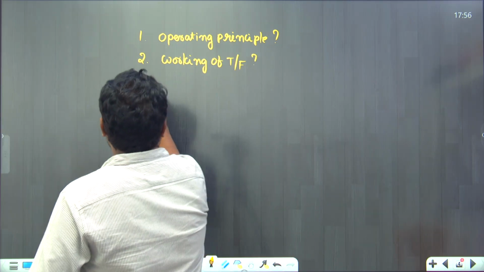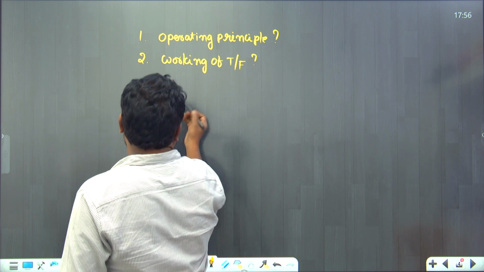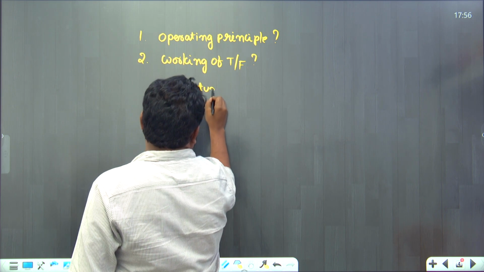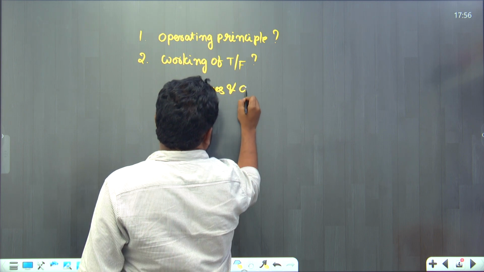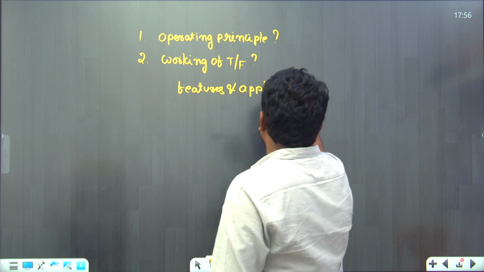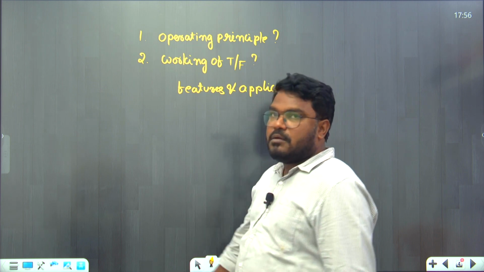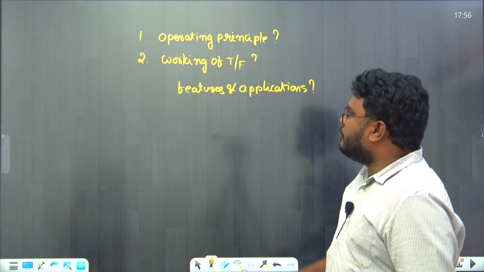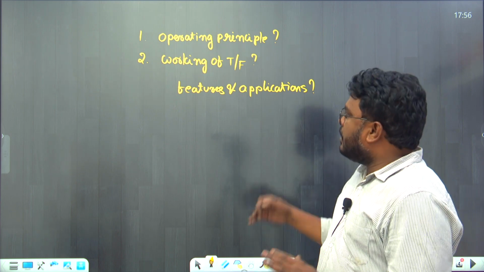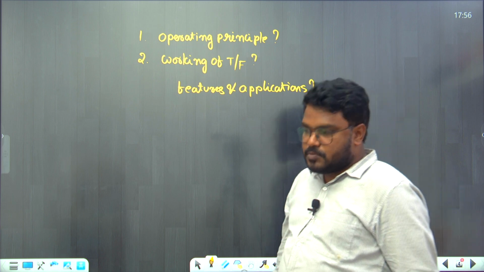In addition to these, there are the features and applications of the transformers. So these are all the basic concepts of the transformers part: features, applications, operating principle, and working of the transformers.